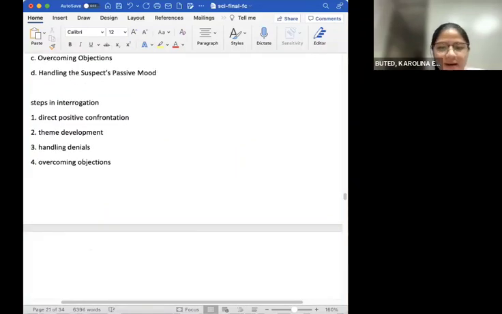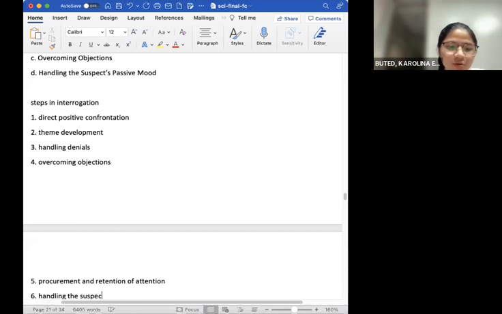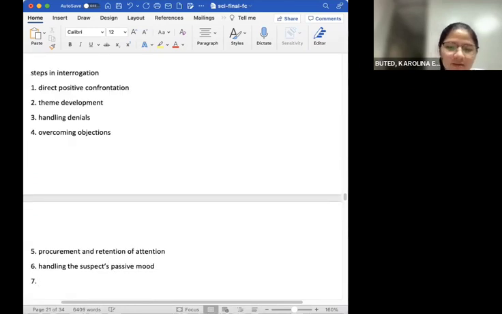Meron tayong procurement and retention of attention ng ating suspect. And then step 6, handling the suspect's passive mood. Number 7, presenting an alternative question.